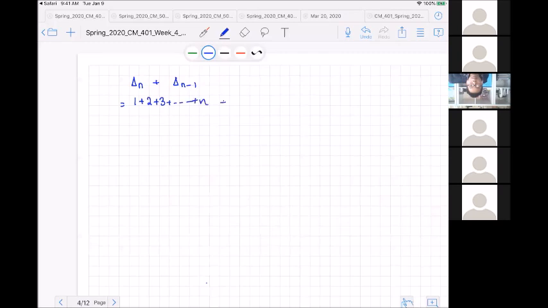And then n minus 1 is going to give us 1 plus 2, and then all the way to n minus 1. So this is the nth triangular number, and this one is the n minus 1 triangular number.